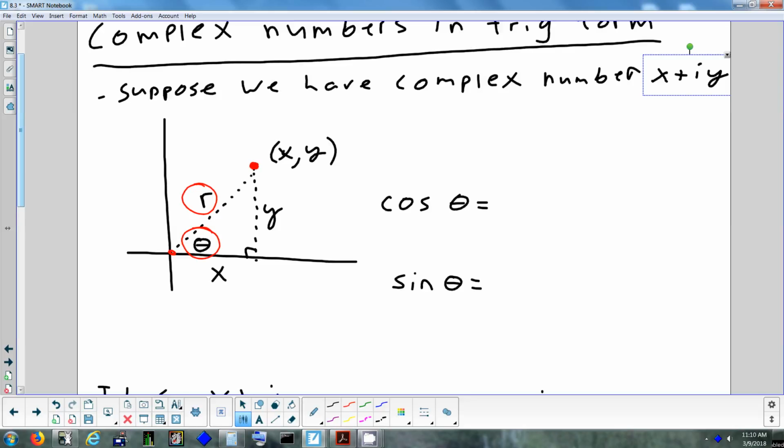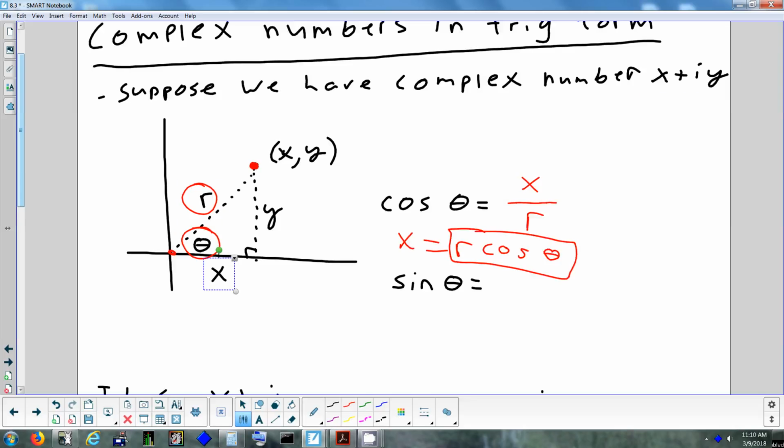Okay, and what did you have right before that? Cosine theta equals? x over r. There you go. Cosine theta is adjacent over hypotenuse, x divided by r, and then she got x by itself. And that's what we said x equals. In a second, we'll fill that in right there.